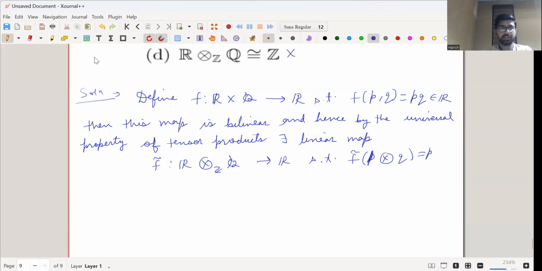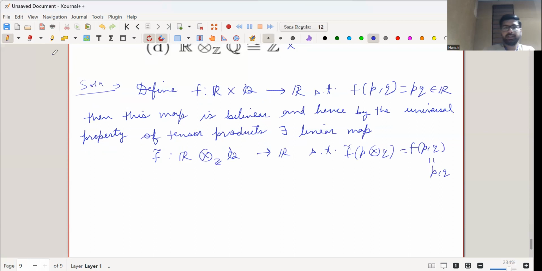Similarly, the way we did in the last example, because the map is also the same. So f delta of p tensor q is actually f of pq, and that is nothing but pq.